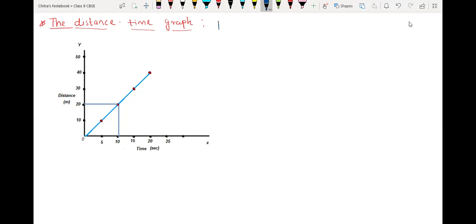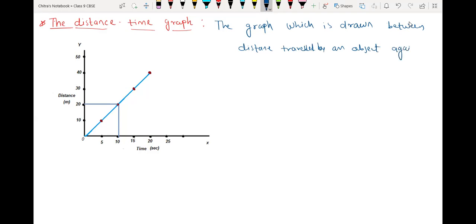So the graph which is drawn between distance traveled by an object against the time taken is called as distance time graph.